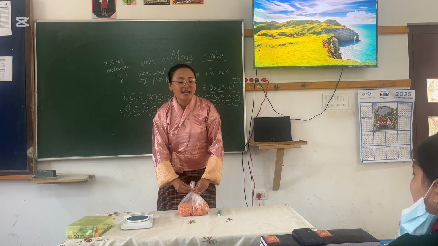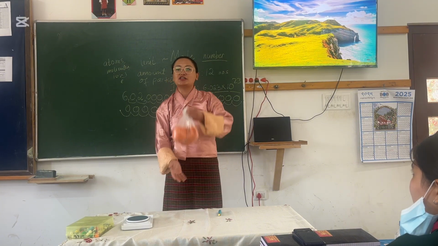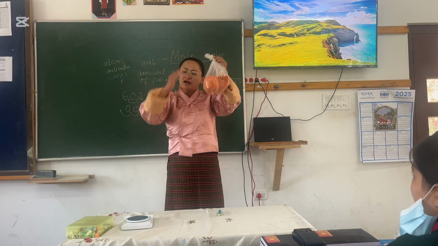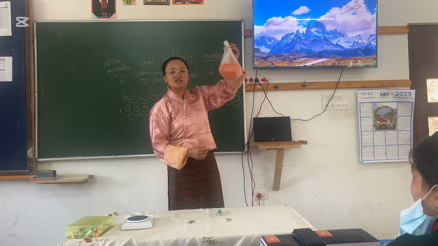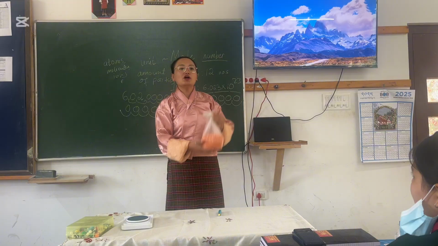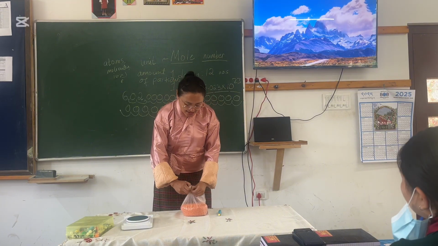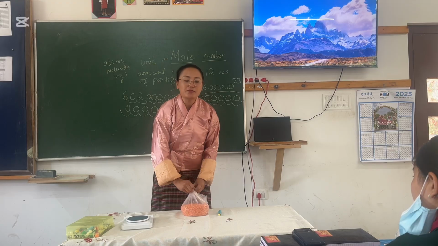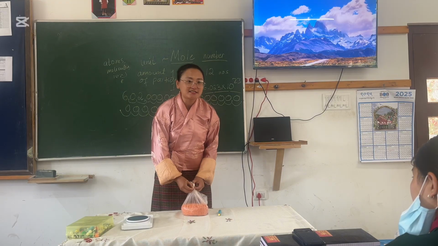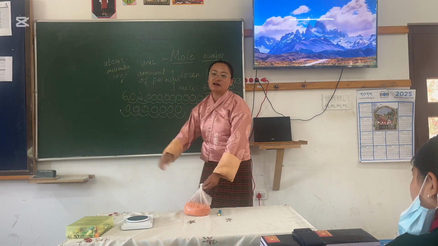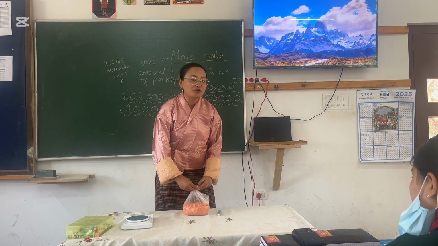But atoms and molecules are much tinier than this. So when will you finish counting them? For example, if I say bring me 1 mole of these lentils, you have to count me this many numbers.